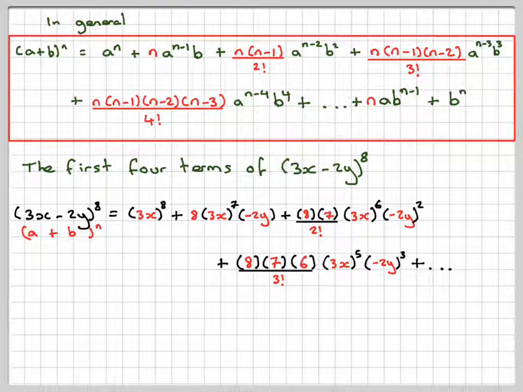Now we just need to take a calculator and be very careful. 3 to the 8 gives me 6,561 x to the 8.